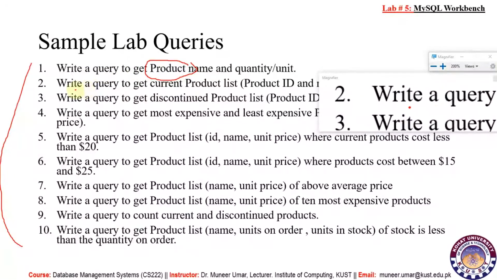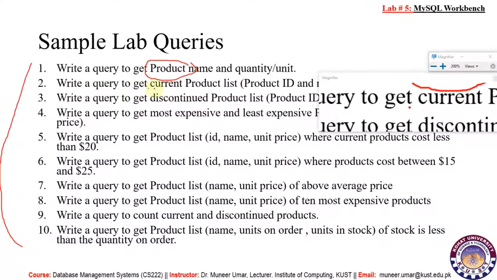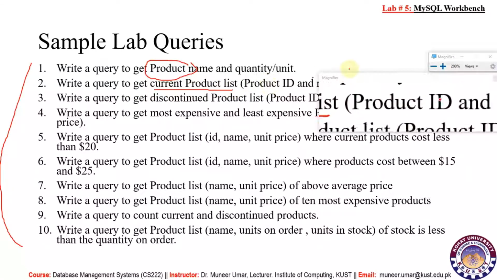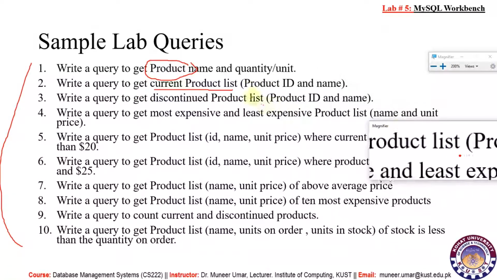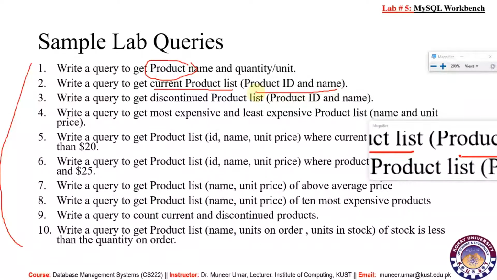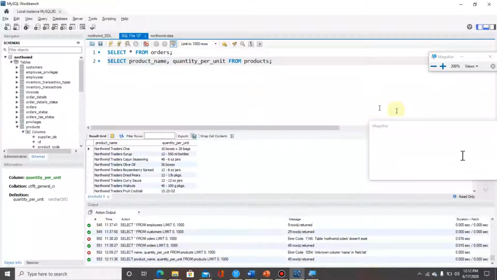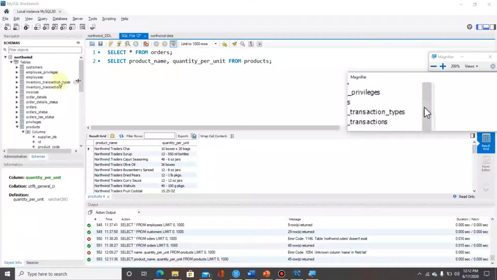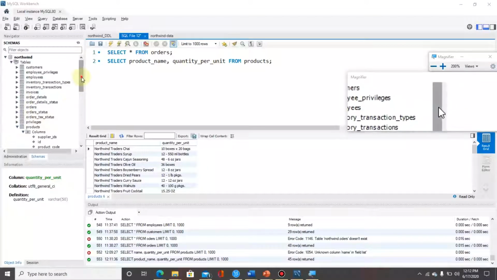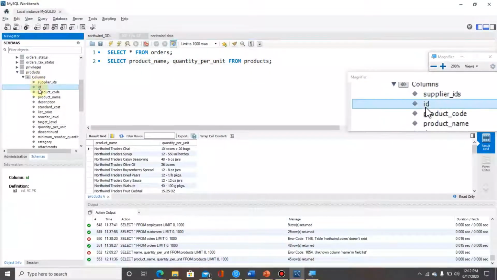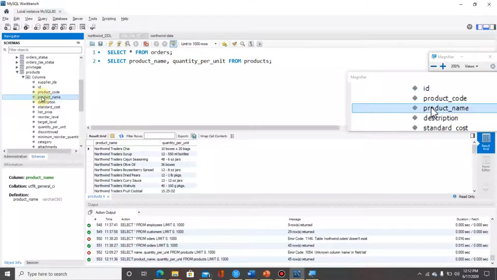Now in the second query, we have: write a query to get current product list, and that is the product ID and name. So it's quite simple. We need product name and product ID from this table. If you look into this table, we have ID and product name.